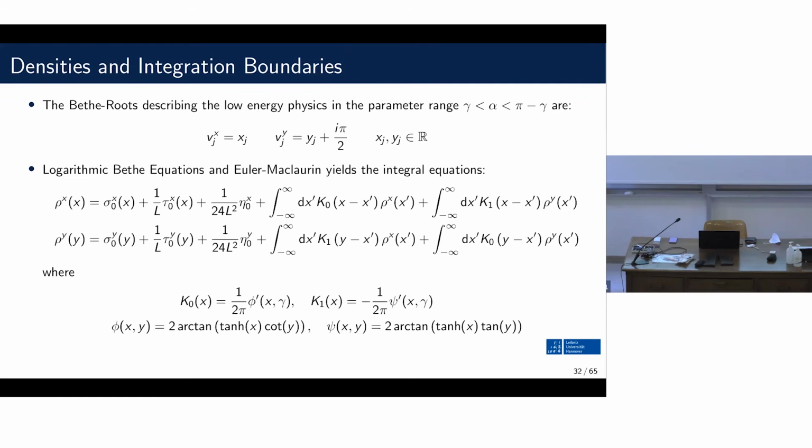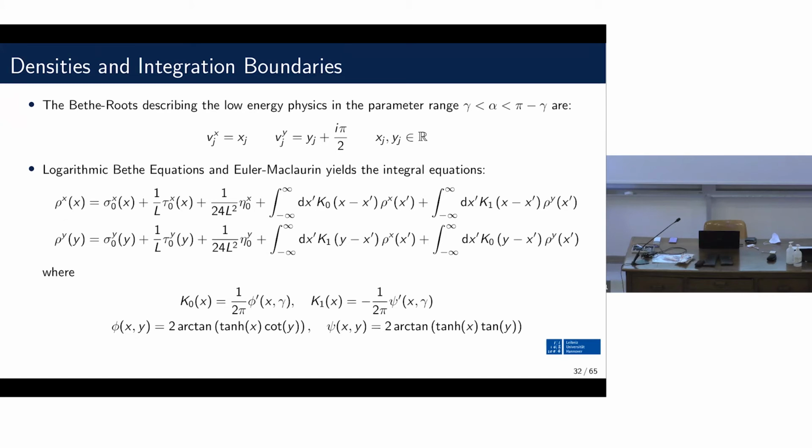Then one can basically derive linear integral equations to study the root densities, and these are of these kinds, and this is for the ground state. Since the integral boundaries are infinite, one can solve this easily by Fourier transform.